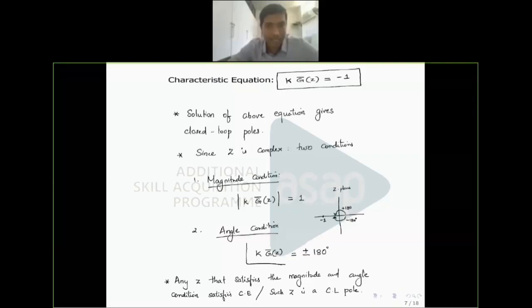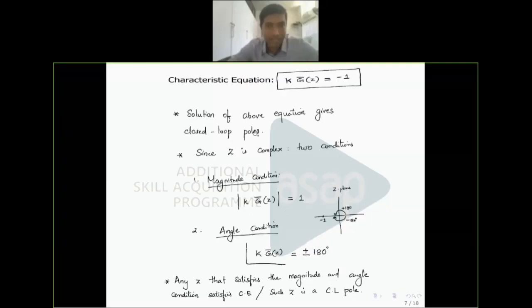Any z that satisfies the magnitude and angle condition satisfies the characteristic equation, and such a z is a closed loop pole. So, what is this magnitude and angle condition?